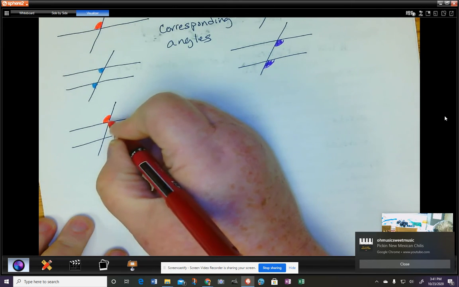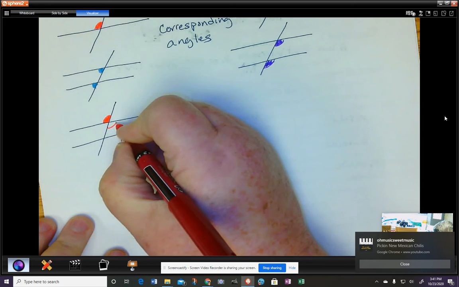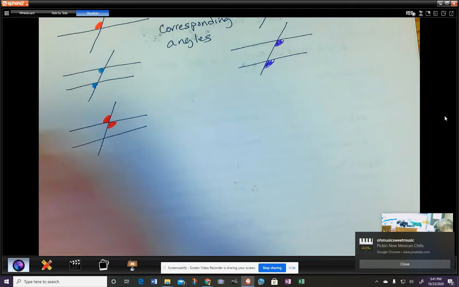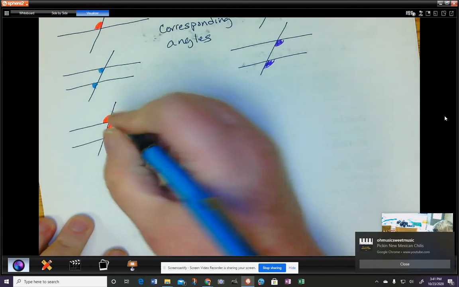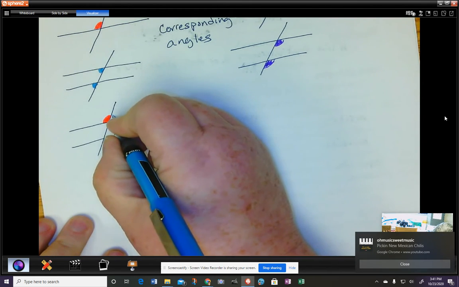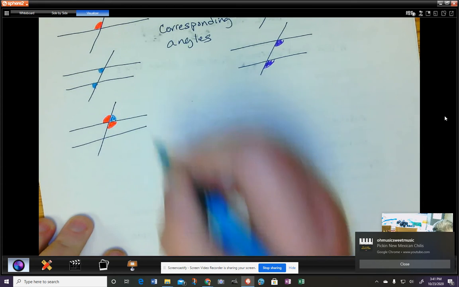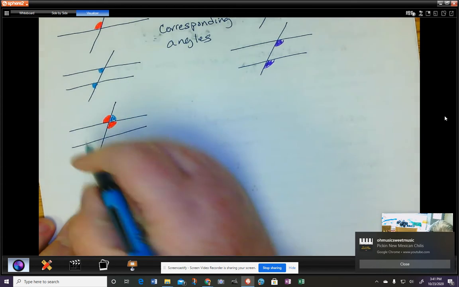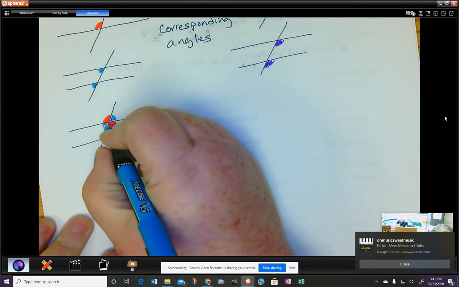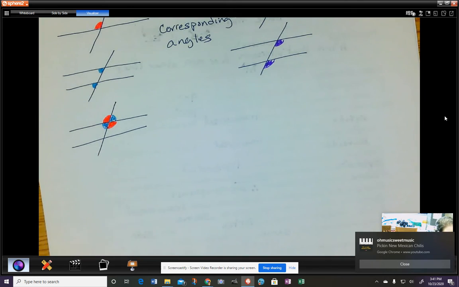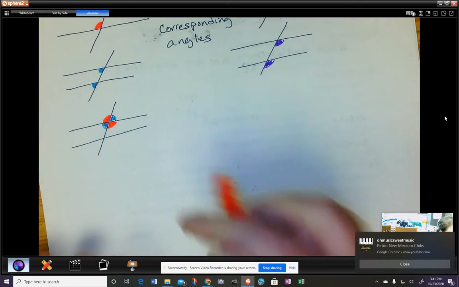The vertical angle to it is this one. Here's this one. What's the vertical angle to that one? It is this one right here. Okay.